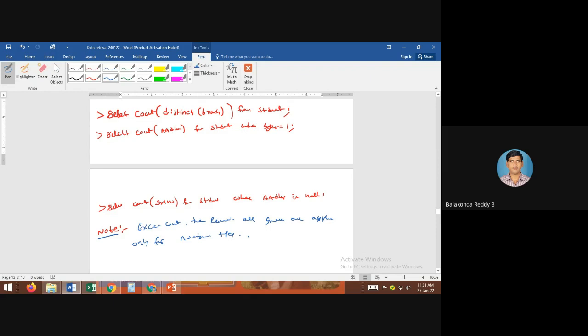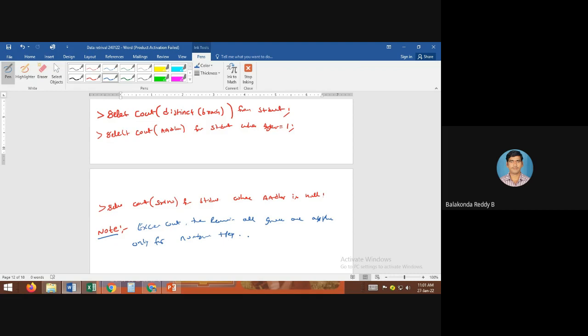Remaining all means what? The other grouping functions: sum, min, max, average, standard deviation. These are applicable only for number data types.